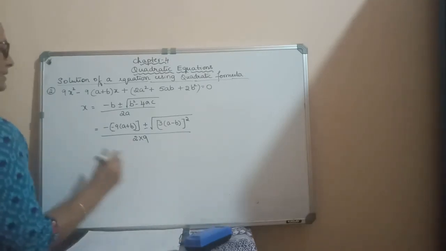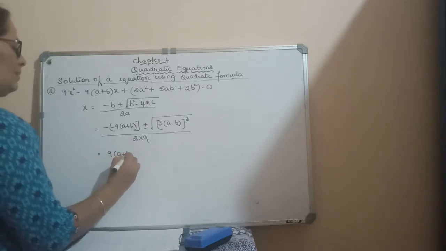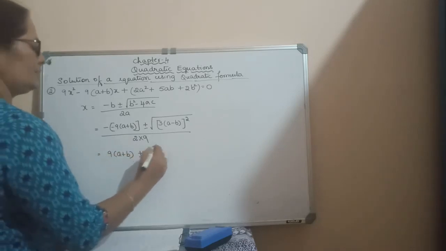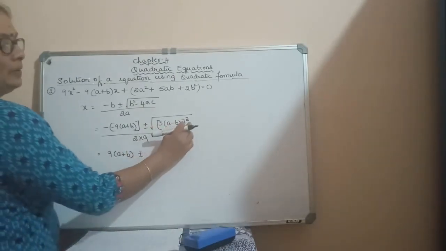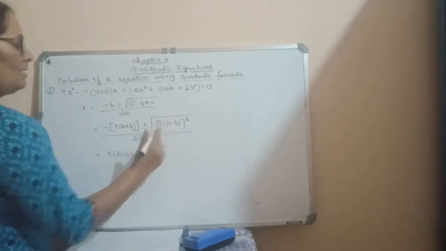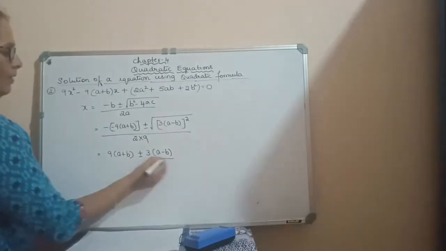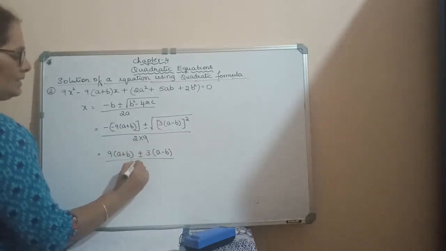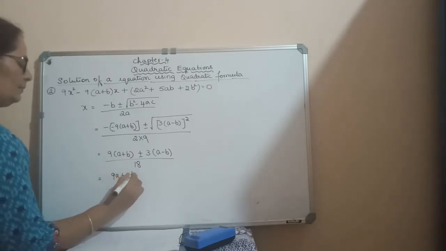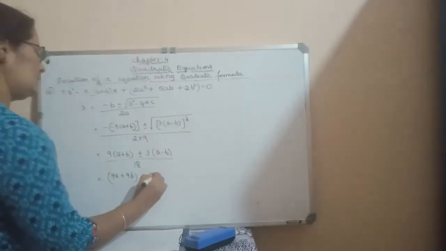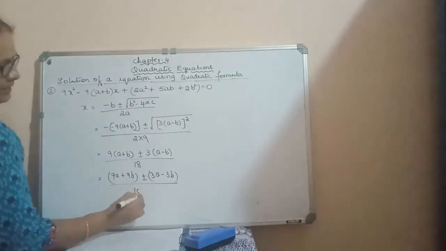Now simplify this. So minus into minus plus 9 into a plus b plus or minus. Now see here root of 3 into a minus b whole square. So this root and square cancelled. So you will get 3 into a minus b upon 9 2s are 18. So which is 9a plus 9b plus or minus 3a minus 3b divided by 18.